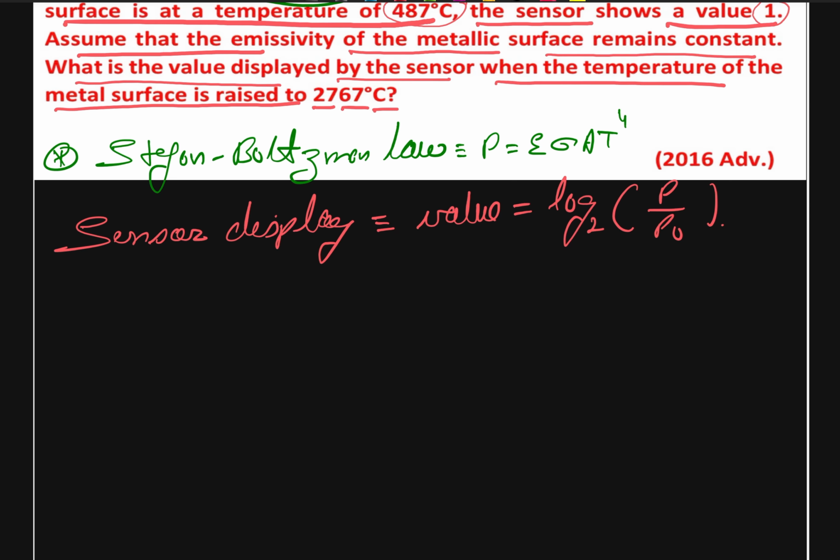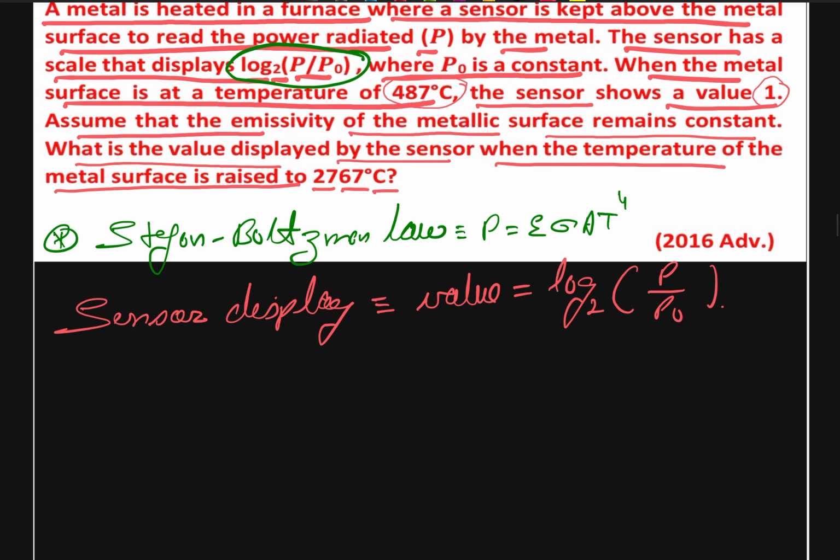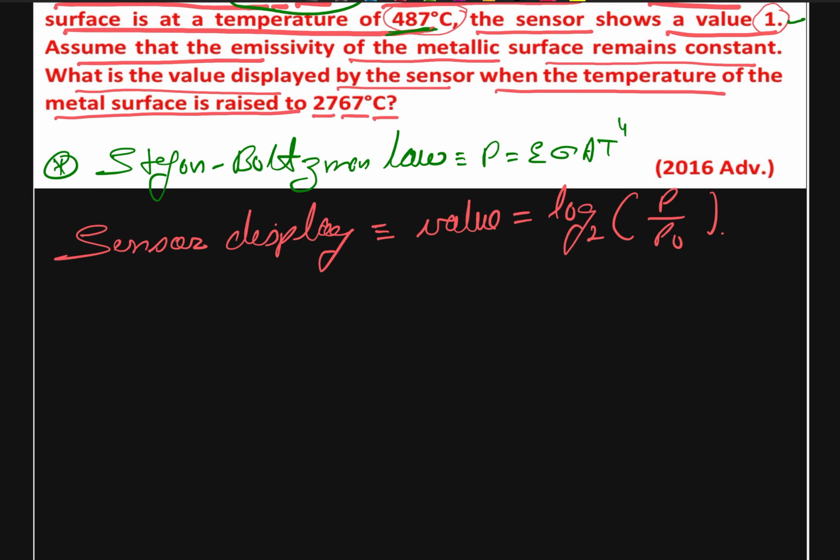And it states that the value displayed by the sensor is 1 at a temperature of 487 degrees centigrade. Therefore, at T1, 487, that is 760 Kelvin, the value displayed by the sensor is 1. So we can say this is equal to log of 2 P upon P naught. Okay. And for T2 we have to find out.